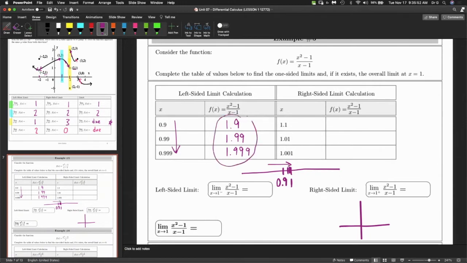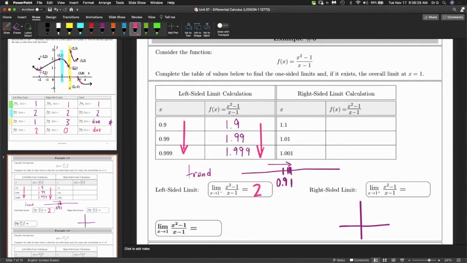What is the trend here? Tell me the trend. What are these numbers getting closer and closer to? Thank you. They're getting closer and closer to 2. See? As you get closer and closer to 1 here, then these values are getting closer and closer to 2. Chase, you can do the numerator and the denominator separately then, okay?